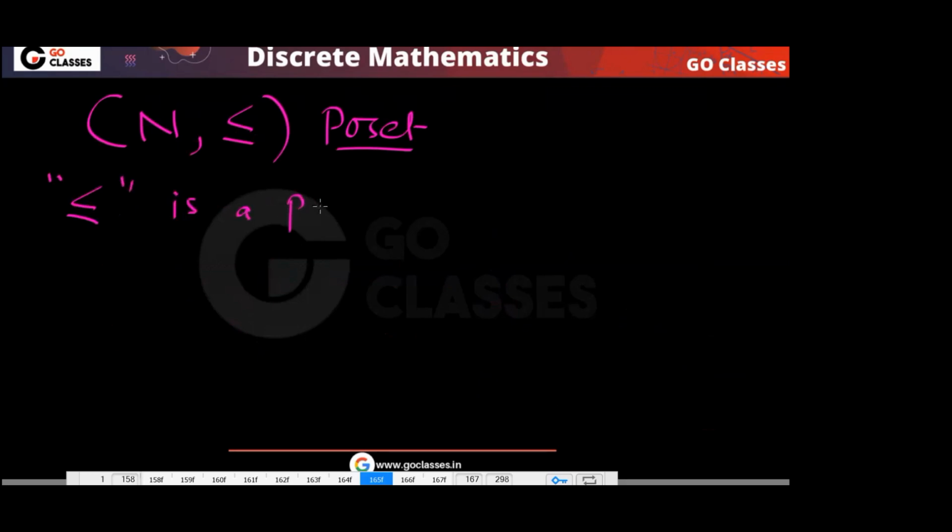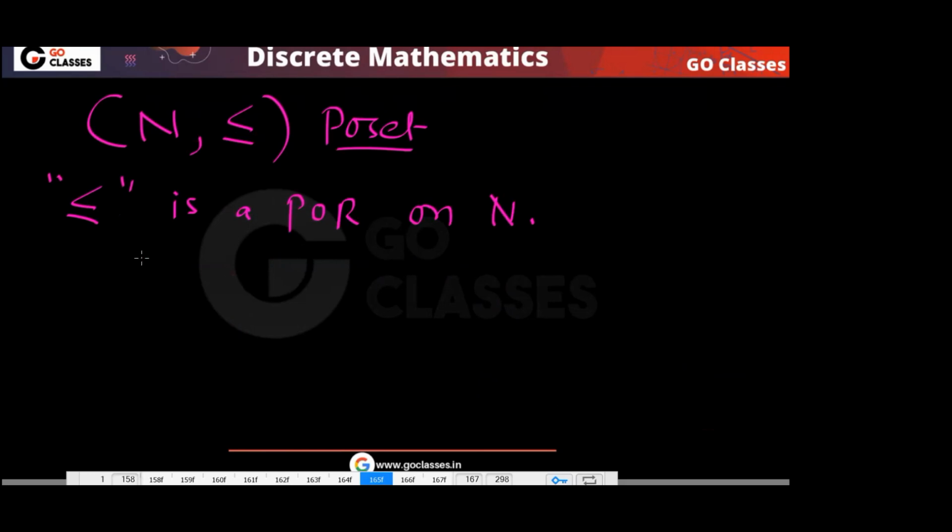So on the set of natural numbers, this complete thing, what do we call it? We call it a poset. This is a partial order relation on the set of natural numbers.